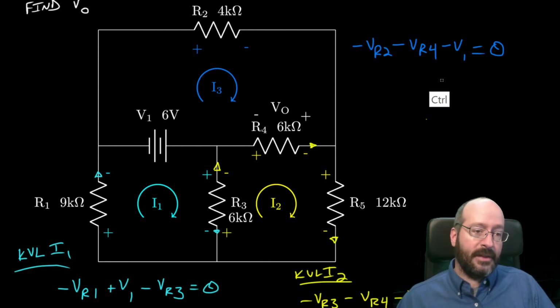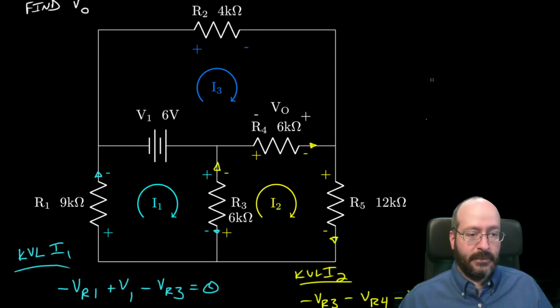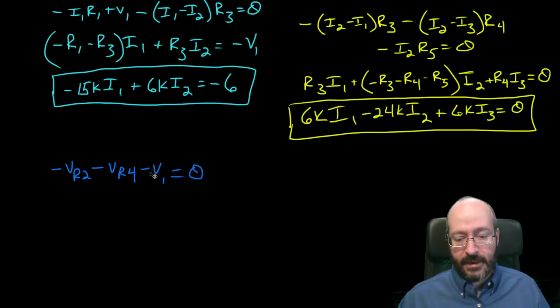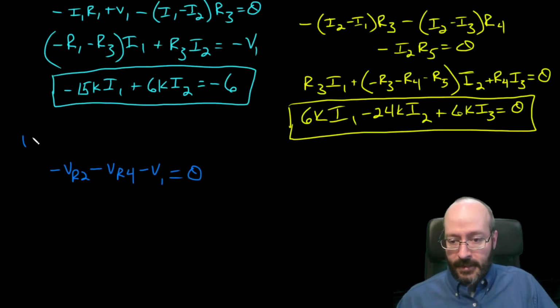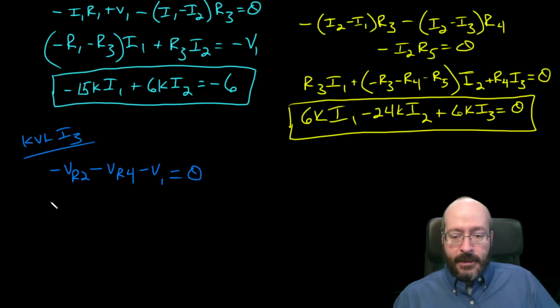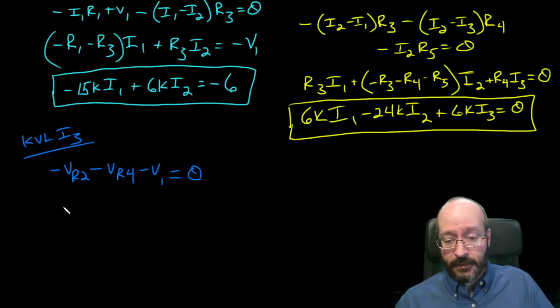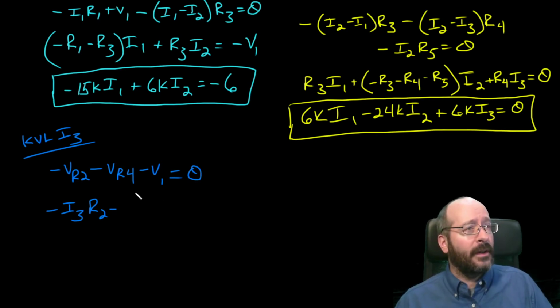So let's grab this KVL and bring it down over here. Okay, so here's the KVL for I3. Okay, VR2. The only current flowing through it is I3, and it flows in the positive direction. It's going to be I3R2. Bring the negative sign down. VR4.